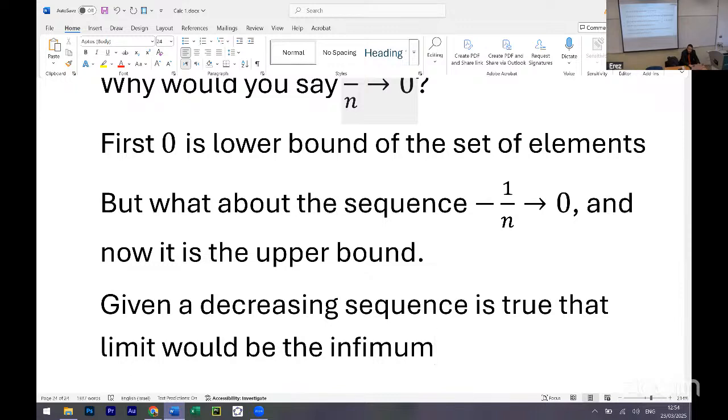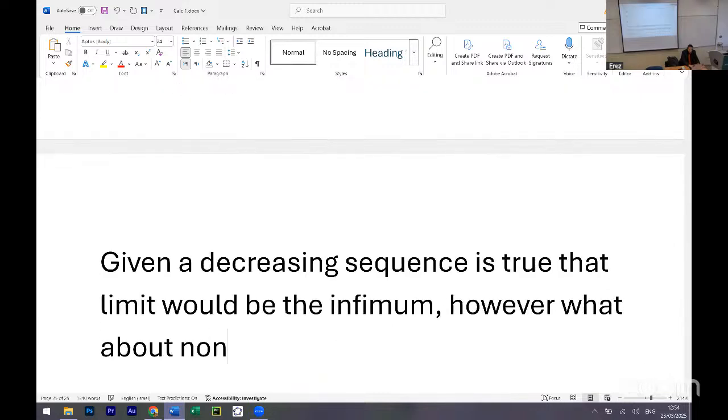And in increasing, that has something to do with convergence and divergence. Having a finite number as a limit is called convergence. However, what about non-decreasing sequences?